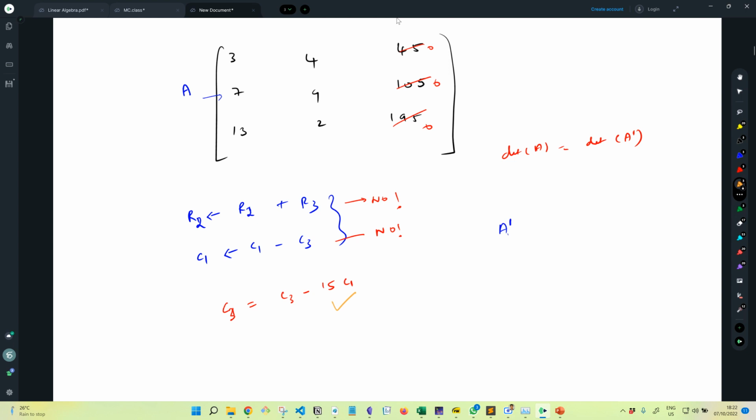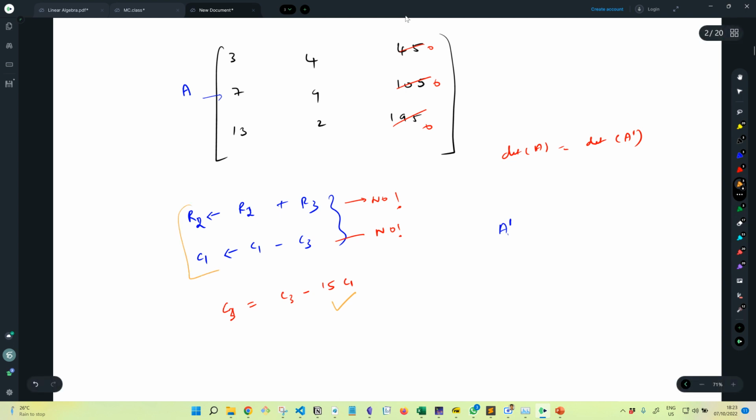And we saw that while performing elementary operations, anytime you encounter a row or a column that is all zeros, the determinant of that matrix is 0. That is why this question is very simple. By doing just one column operation, you found that you can attain an all-zero column.